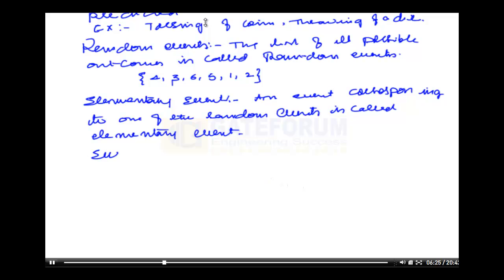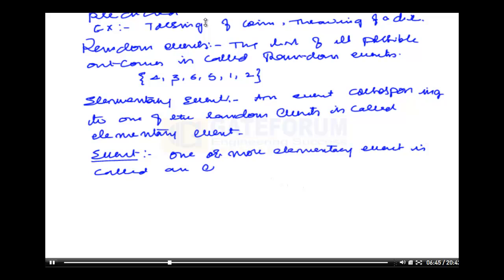Next definition is event. An event can be defined as one or more elementary events. Suppose I ask you a question: what is the probability of getting a prime number? Suppose I take numbers from 1 to say 100, we have many prime numbers.